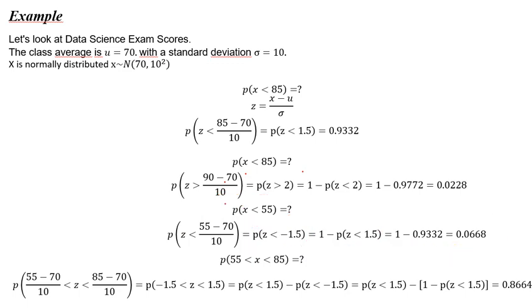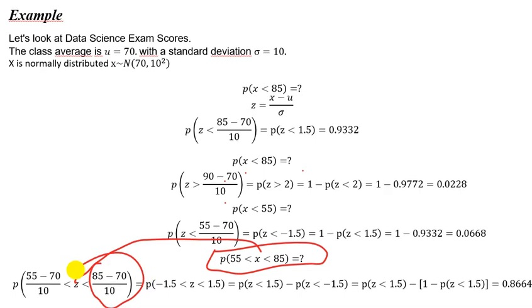Now another case, when we have x between two values. So again, we convert x to z, so we need to apply the z-score. For 85, it is 85 minus 70 over 10, 55 minus 70 over 10, and we get z is between minus 1.5 and 1.5.